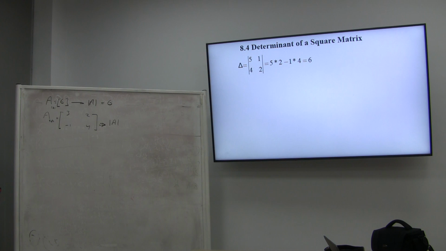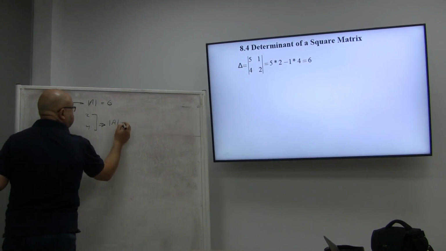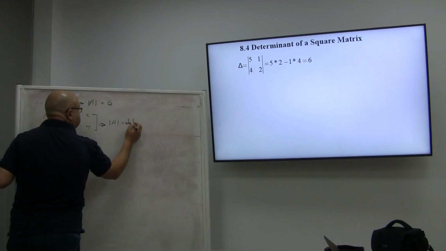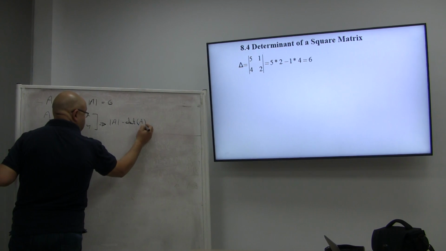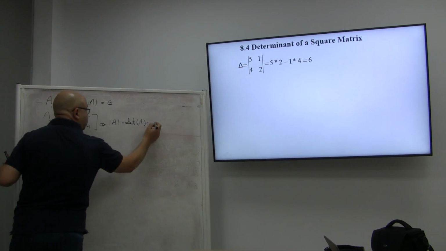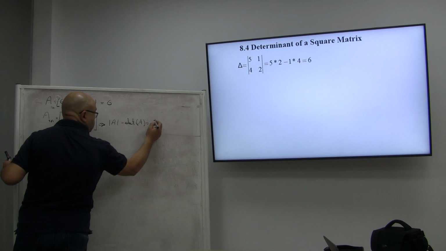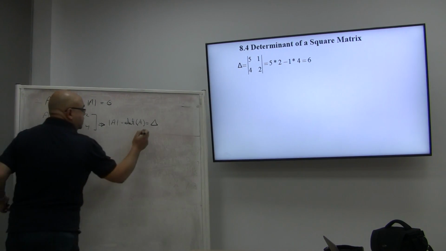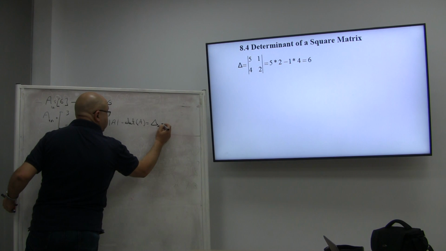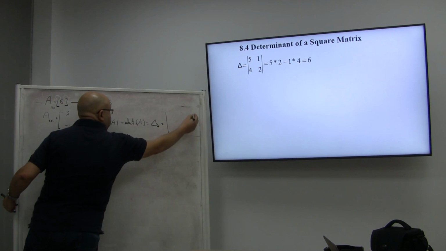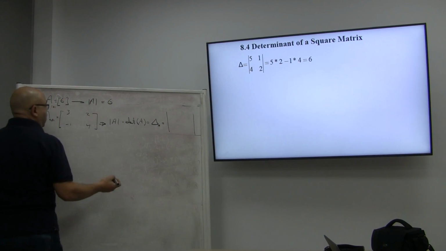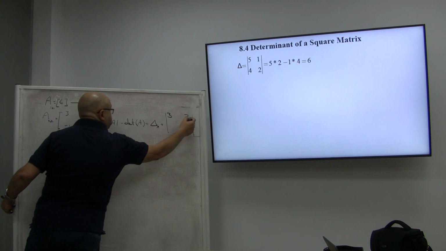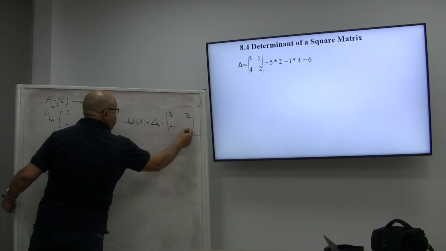We can also write it as det of A, or use the delta shape and write the determinant of A. All of this stands for the same numbers, which are 3, 2, -1, and 4.